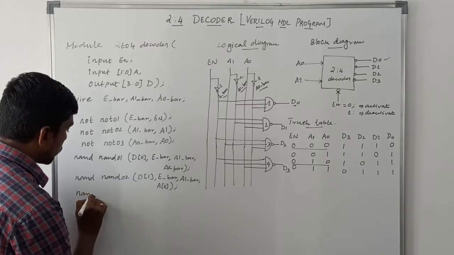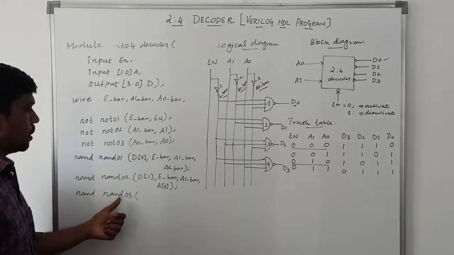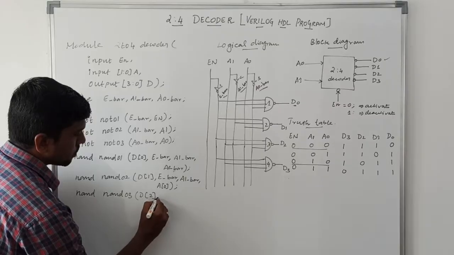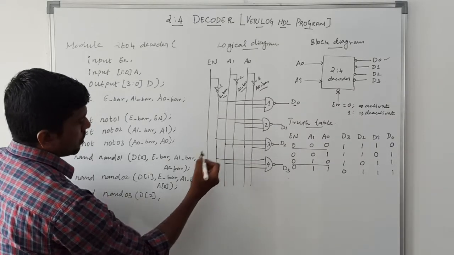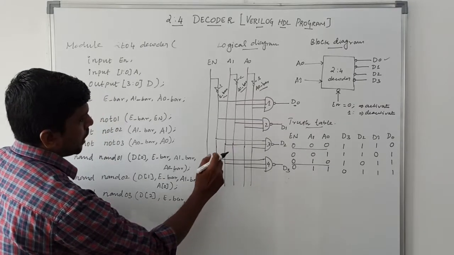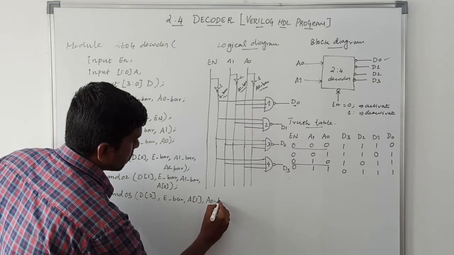Then we declare the third NAND gate. NAND 3, output D2, inputs E bar, then A1, A0 bar.